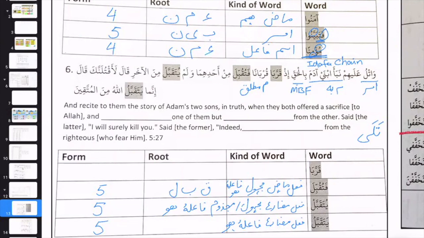But since I said that this is not a regular family, this is a weak fail, that's why you see watlu like that. But this is Amar. So watlu, you recite. Allah subhanahu wa ta'ala is talking to Prophet Muhammad sallallahu alaihi wasallam, that you recite alayhim, upon them, naba', news, ibnay, news of the two sons of Adam.